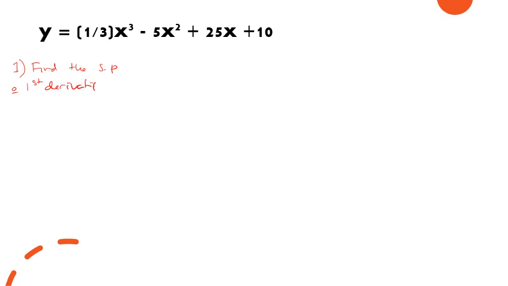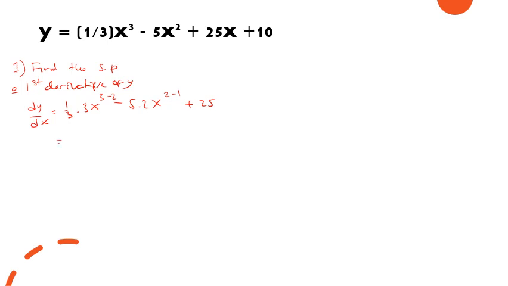of y. dy/dx is 1/3 times 3x^(3-1) minus 5 times 2x^(2-1) plus 25.